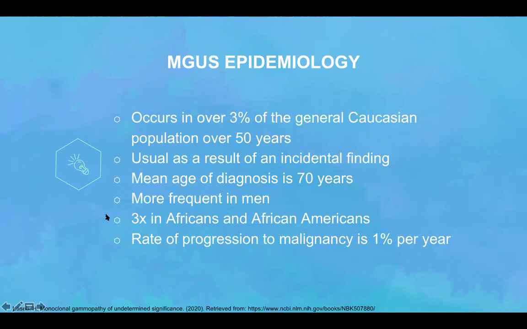The mean age at discovery is 70 years, and it's more frequent in men than in women, and more frequent in African Americans than in the Caucasian population. Also, it's important to note that the rate of progression to malignancy, to multiple myeloma, is 1% per year, and this percentage is not going to be lower, it's going to increase over the years.